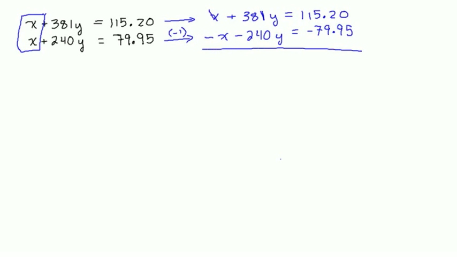When I add these together, the x's drop out as designed. The y's combine to get me 141y. And on the right-hand side, I get 35.25. Dividing both sides by 141, this is a good time to bring in the calculator.